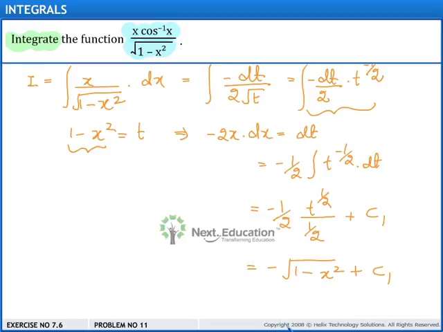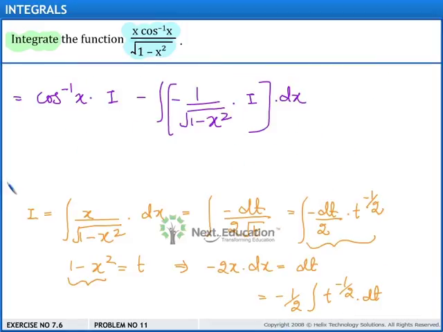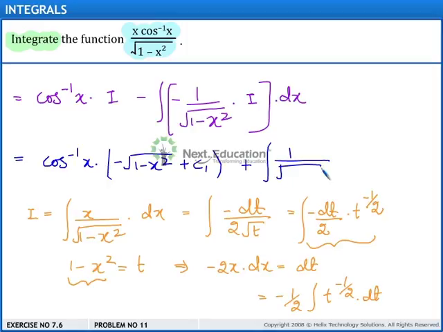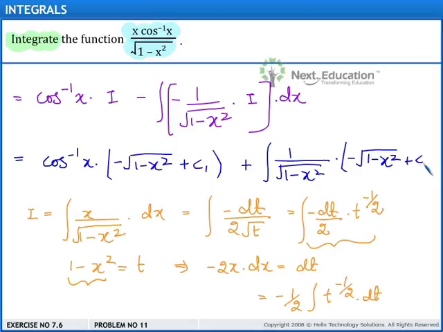So substituting the value of this integral here, we have cos inverse x into minus square root of 1 minus x square plus the constant c1, minus, and minus is plus, so we have integral 1 divided by square root of 1 minus x square into minus square root of 1 minus x square plus the constant c1, and this we have to integrate with respect to x.